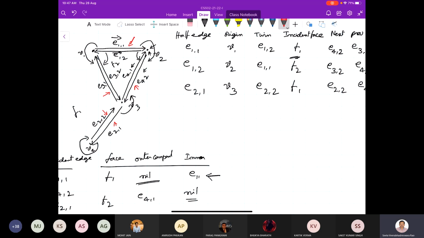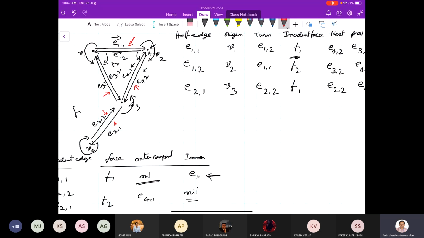Suppose you look at the face F2. You want to output the boundary of the face F2. If you look at the face record, F2 has the outer component E41. There's no inner component. So report this E41. It is the outer boundary of this face F2.